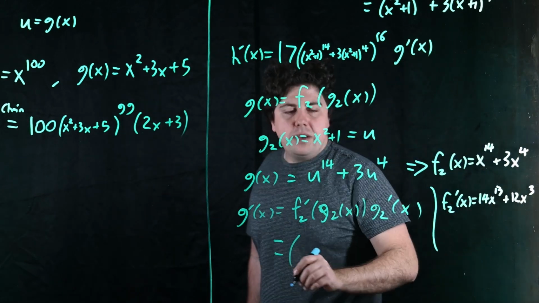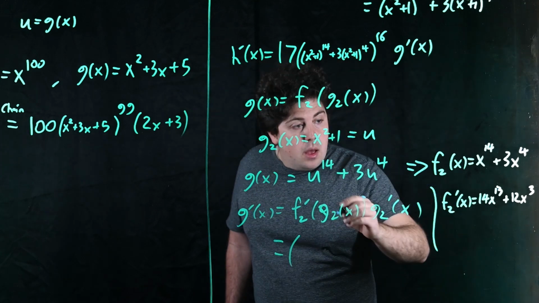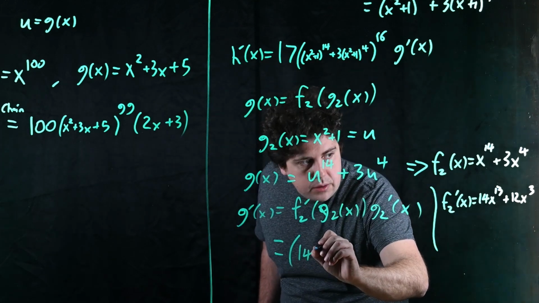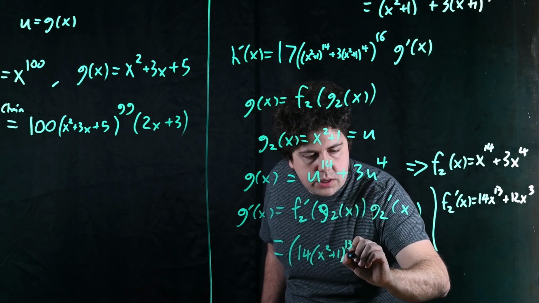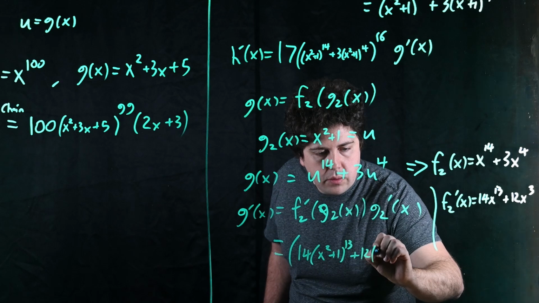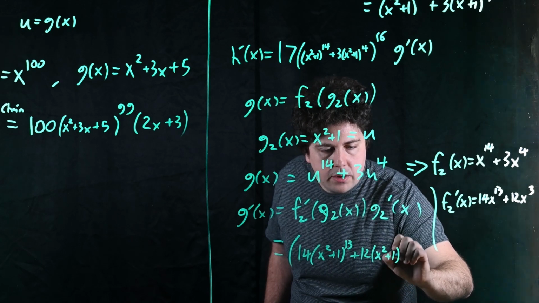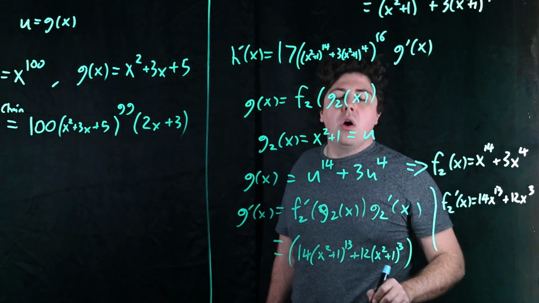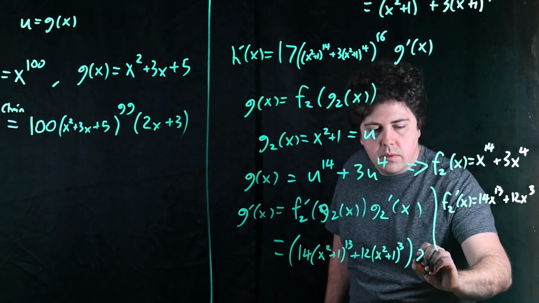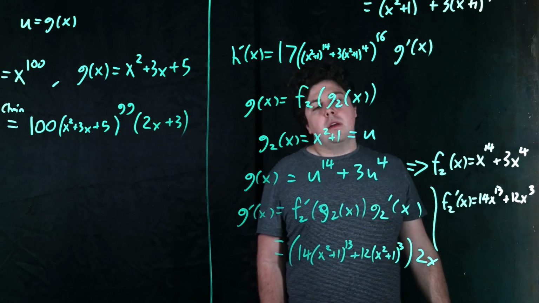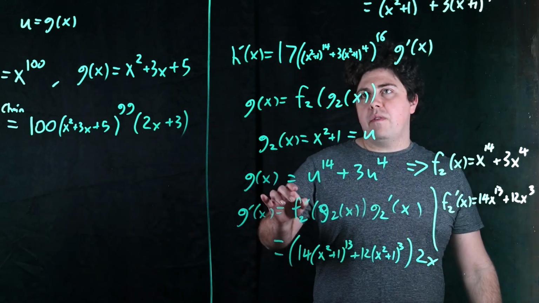So this thing is going to be 14(x squared plus 1)^13 plus 12(x squared plus 1)^3, all times the derivative of x squared plus 1, which is 2x.